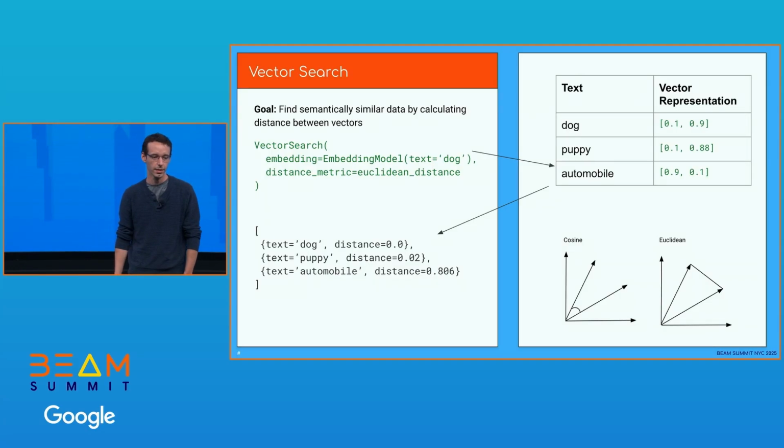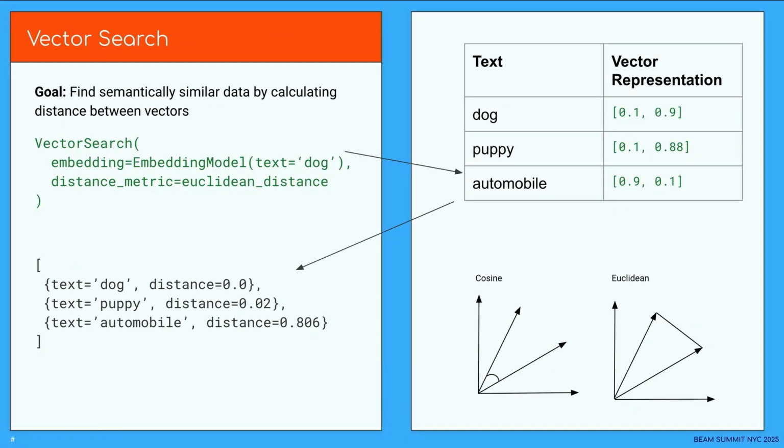And this gives us the ability to search a large corpus of embedded documents to find semantically similar data. Here's an example. If we were to use Euclidean distance on this fake data and our query is dog, we might see that it's exactly the same as the dog. It's very closely related to puppy and not so much automobile.